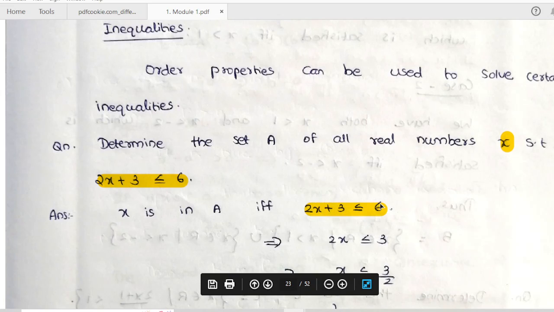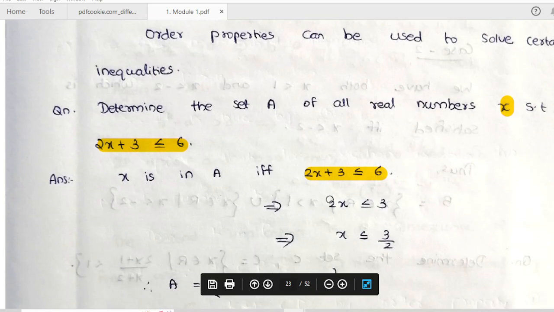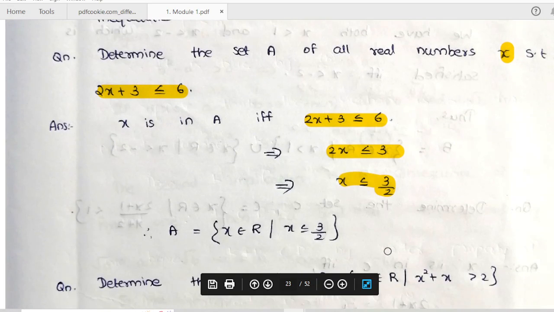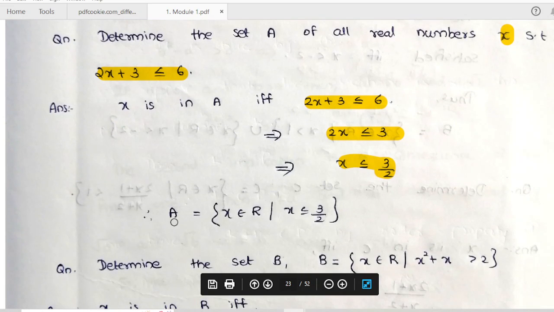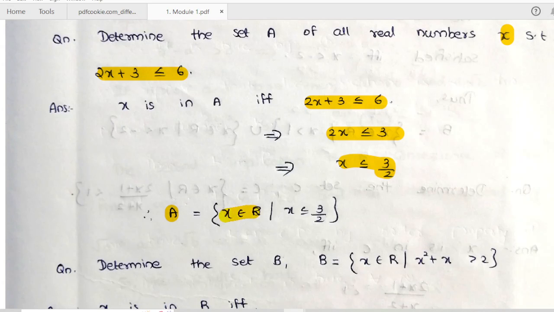2x plus 3 is less than or equal to 6. 2x is less than or equal to 3. x is less than or equal to 3 by 2. Therefore our set A is equal to the set of all x belonging to R such that x is less than or equal to 3 by 2. We can write this as an interval if we want.